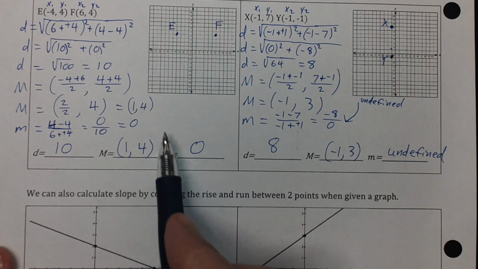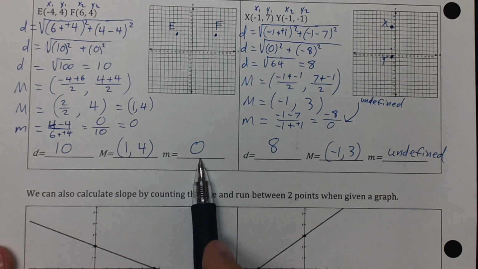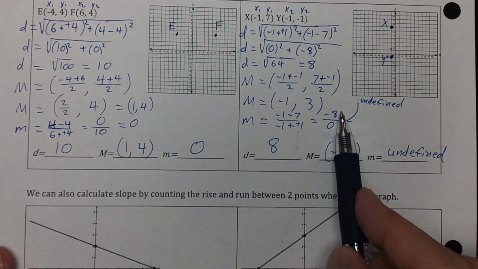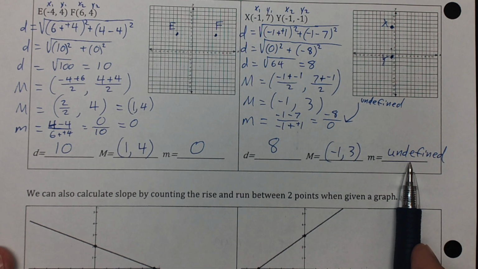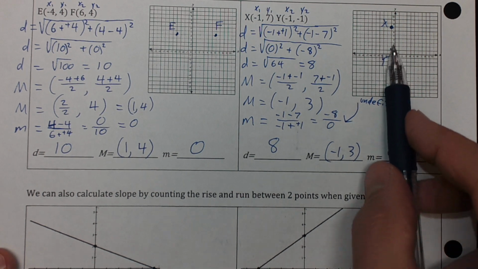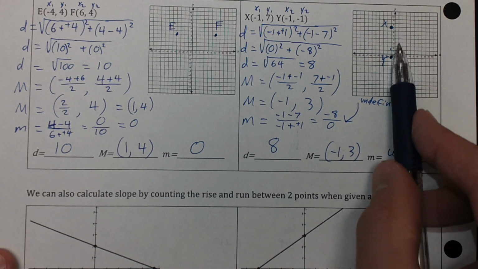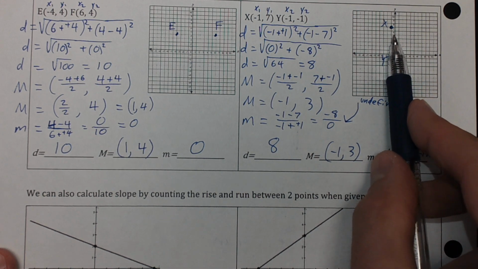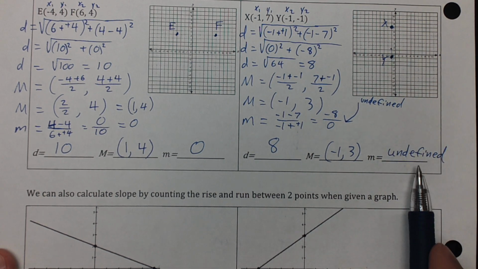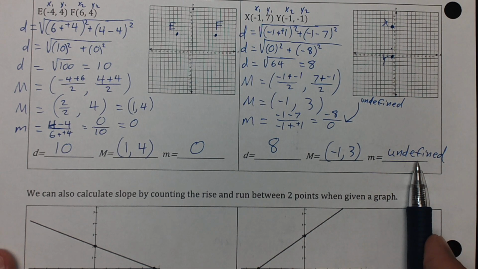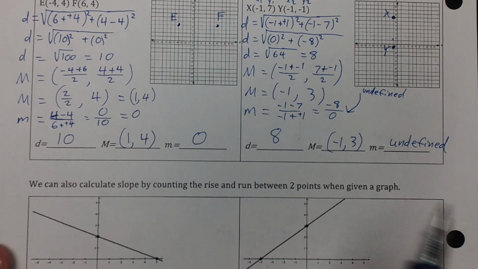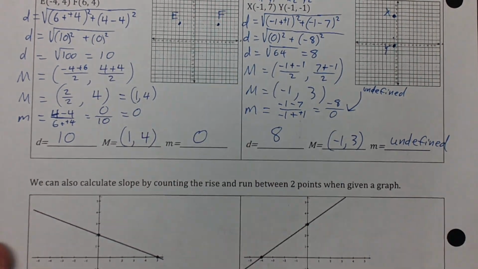This time it was 0 divided by something, which is 0. Here it was something divided by 0, which is undefined. So whenever you have two vertical points and a vertical segment or a vertical line between them, that line will have an undefined slope. Whereas when it's horizontal, that has a 0 slope.